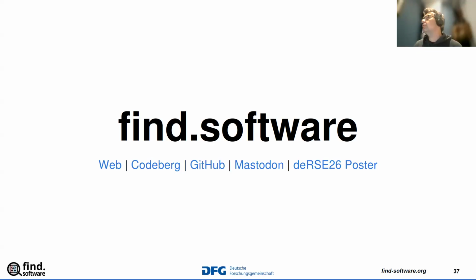I just wanted to say that this is one of the things we're trying to tackle within ELIXIR, among other things with bio.tools, to try to describe in a somewhat rigorous way the scientific function of the different software in bio.tools. We use the EDAM ontology.